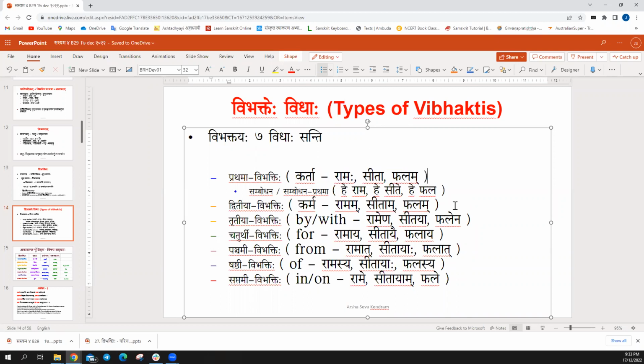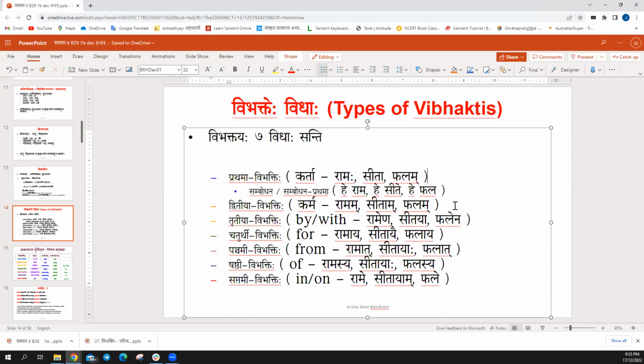Panchami Vibhakti, from: Ramat, Sitayah, Palat. Then Shashti Vibhakti, of: Ramasya, Sitayah, Phalasya.